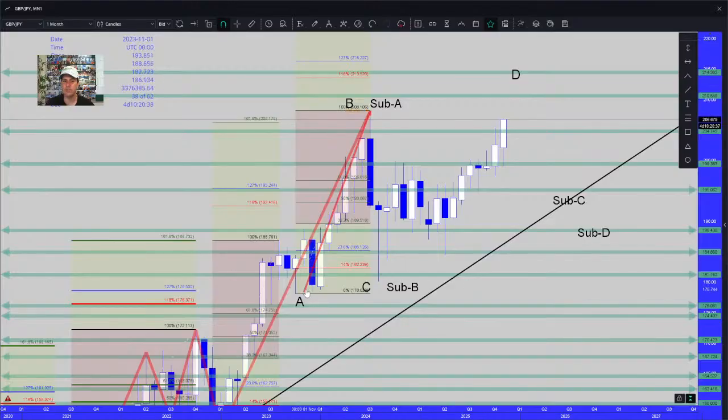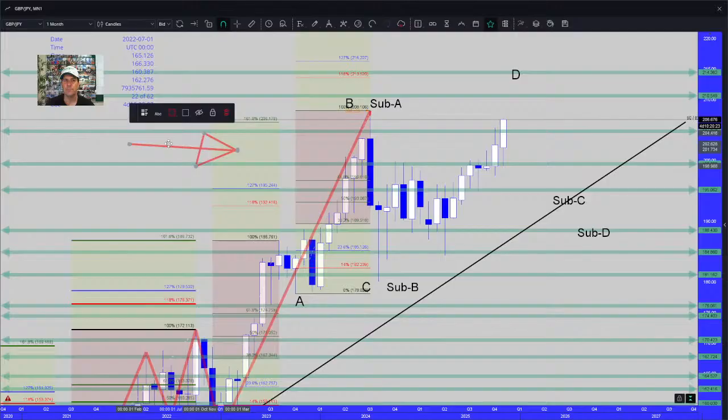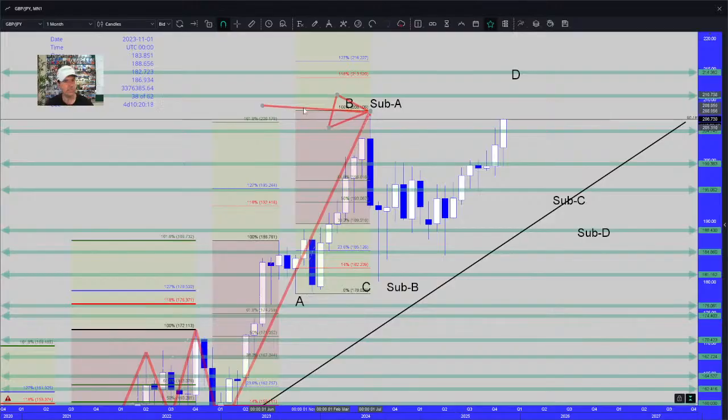Okay, everybody, so let's go step by step. We are on GBP JPY. Let's talk first about the original Fibonacci. So this is our A, that's our B, and that's our C. The C is the capital C of the original Fibonacci.